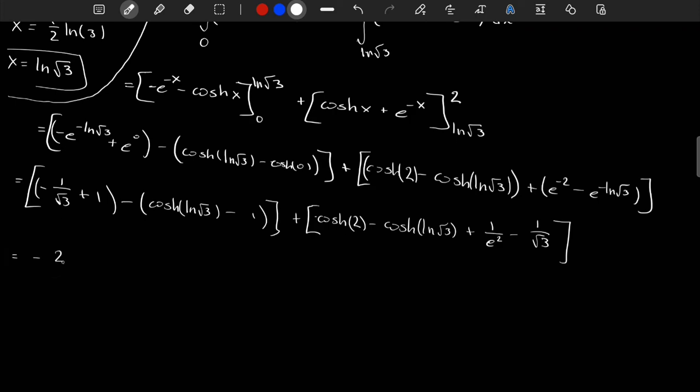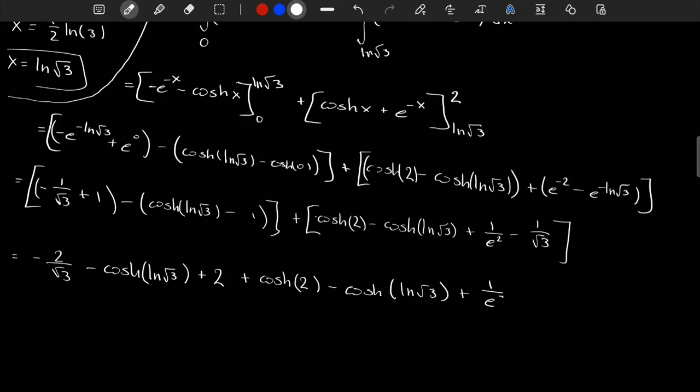Same denominator, it's minus 2 square root of 3 minus cosine of ln square root of 3. That'd be plus 1 plus 1 plus 2 plus cos of 2 minus cos of ln square root of 3 plus 1 over e squared.